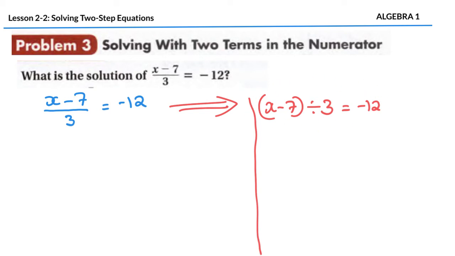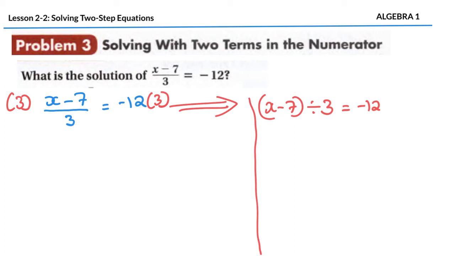Now, which is the operation that you will remove first? You will remove division first. Remember, it is the reverse of the order of operations when you're solving equations. Now, how will you remove division? By multiplication. So we multiply by 3 on both sides of the equation.